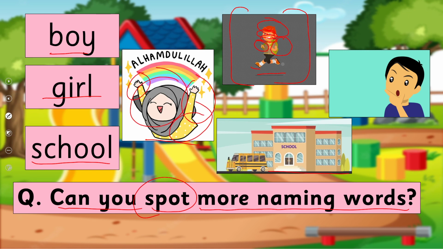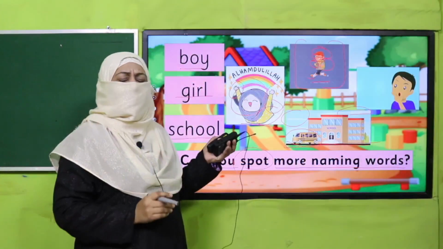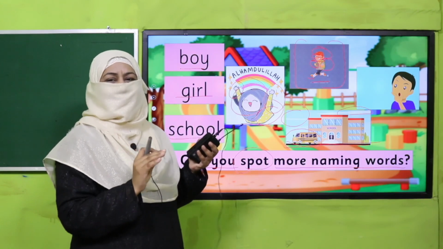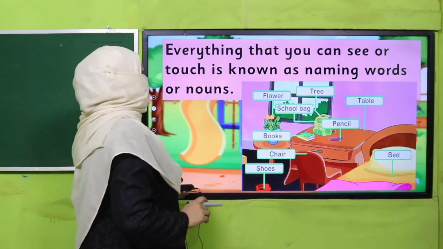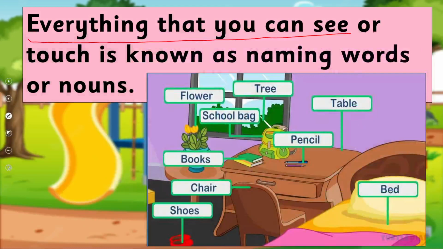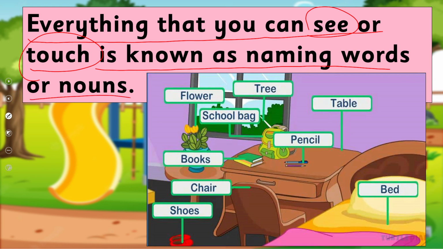It's a school. There is a bus. There is sky. There are clouds. Even there is air. So, you see, there are many naming words. This is what I'm telling you. So, everything that you can see or touch or feel or hold is known as naming word or noun.